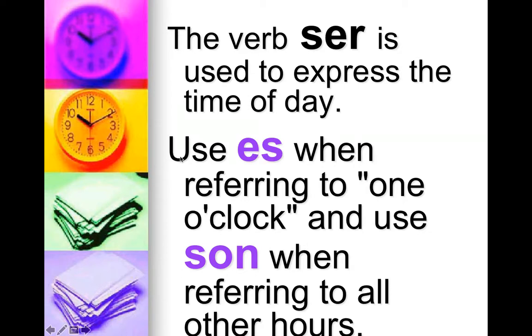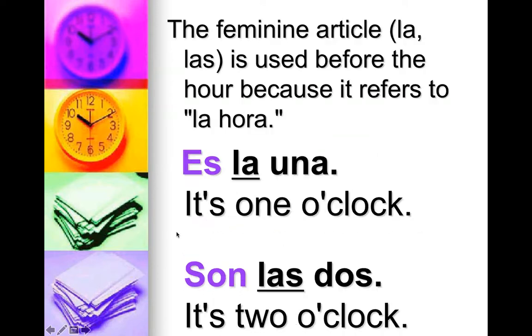And it says that right here. Use es when referring to 1 o'clock and use son when referring to all other hours. And that is because after la una, dos, tres, cuatro, doce, they are all plural numbers. So you have to have your verb match and be the plural form.